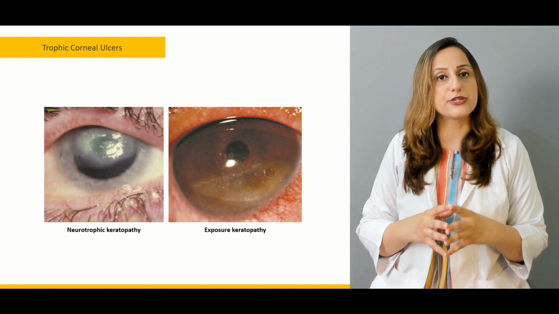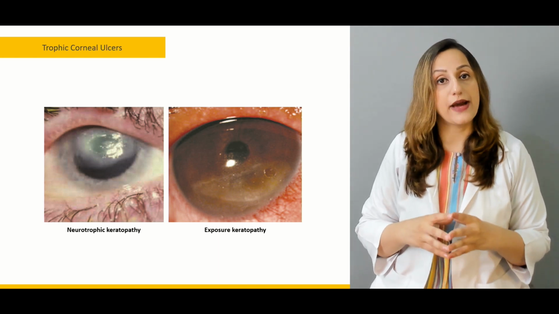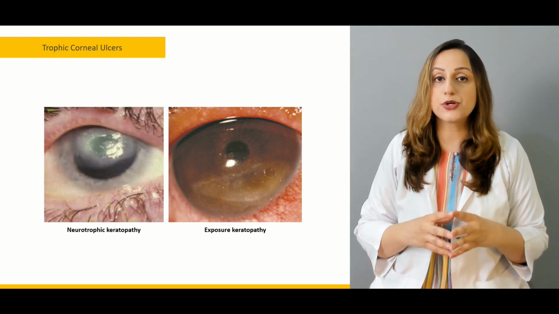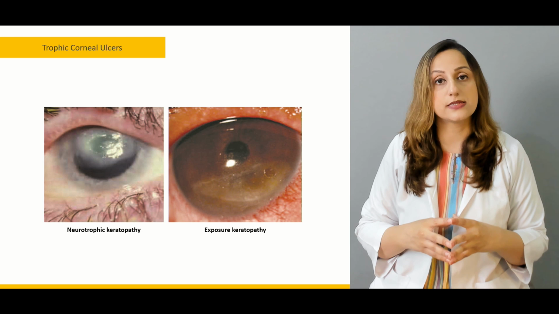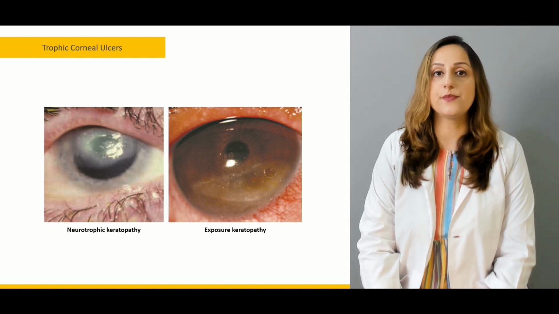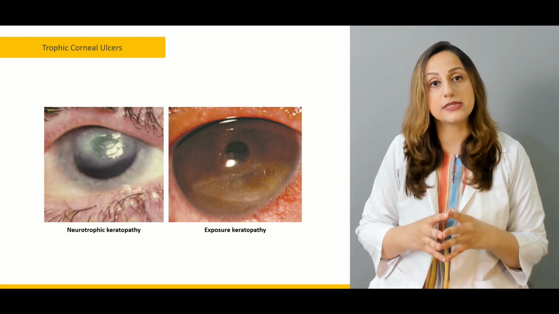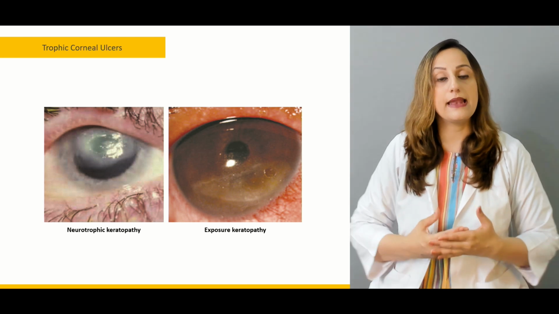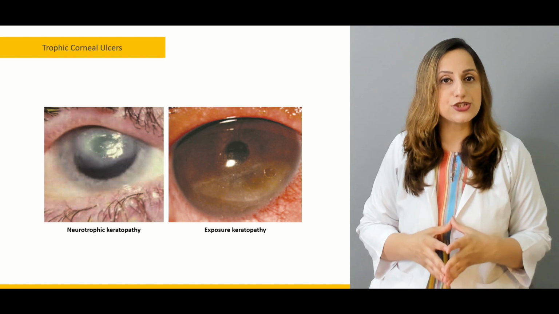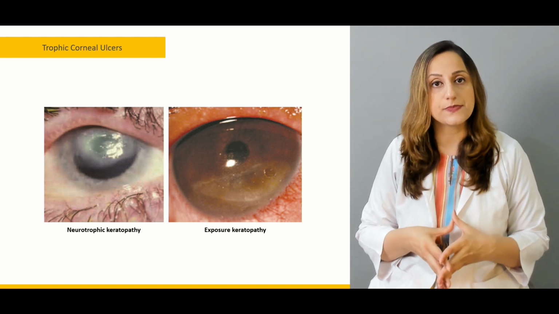Usually, these patients present to you with a red eye. And one of the major factors that is very important when you usually come across these trophic corneal ulcers is the corneal insensitivity. So it's again very important that when these patients come up to you in the outpatient departments, you should know how to diagnose and how to get to a final diagnosis and how to know that this particular patient is suffering from this trophic kind of corneal ulceration.